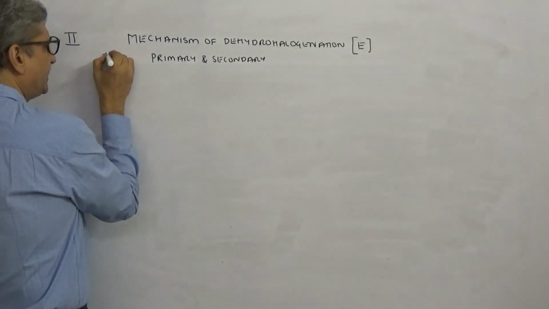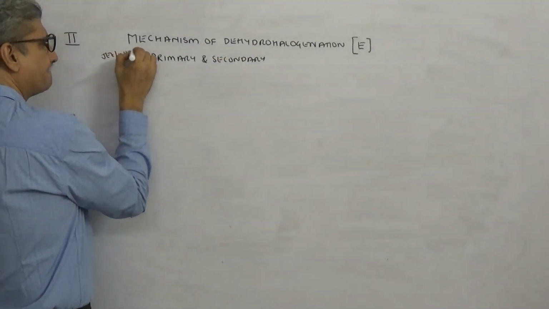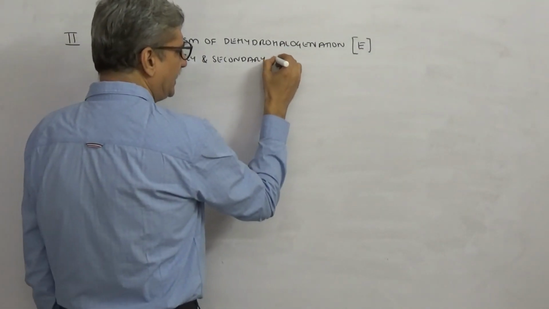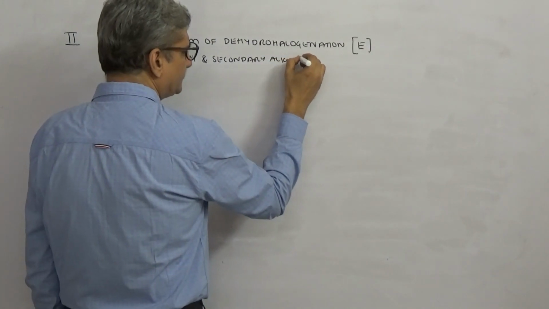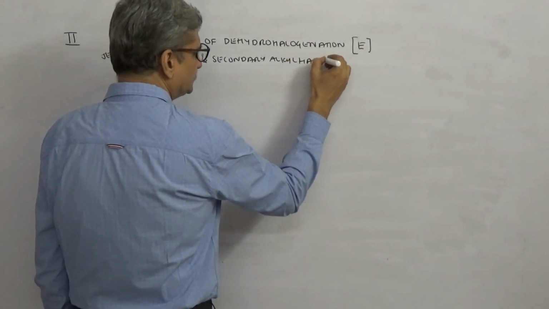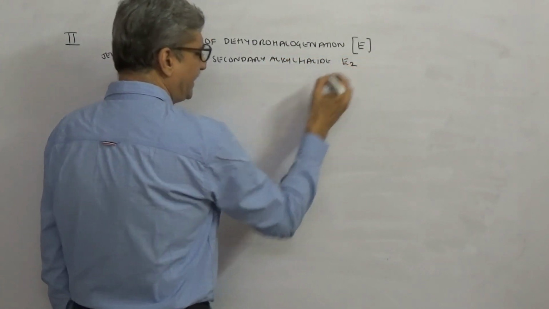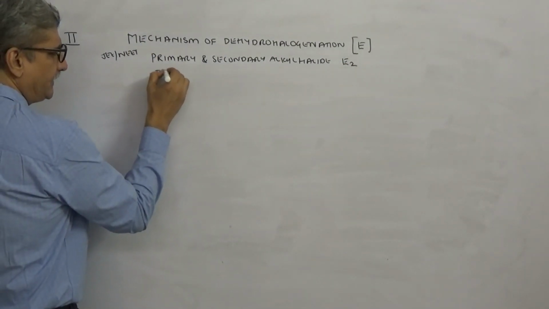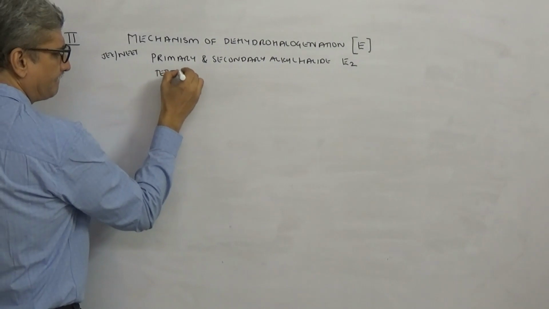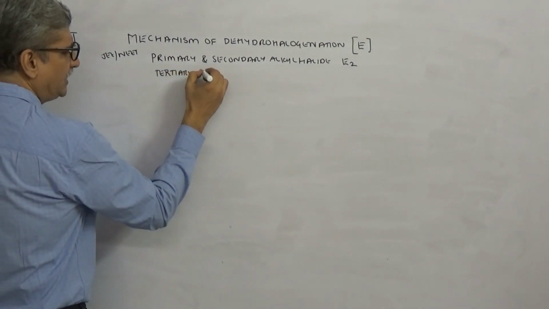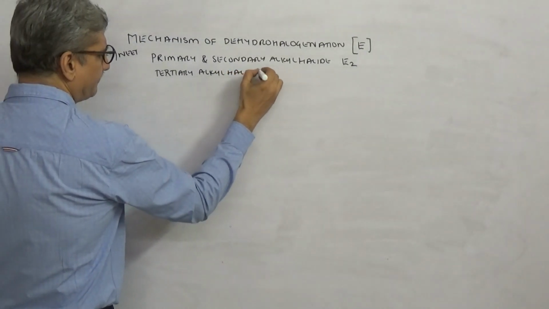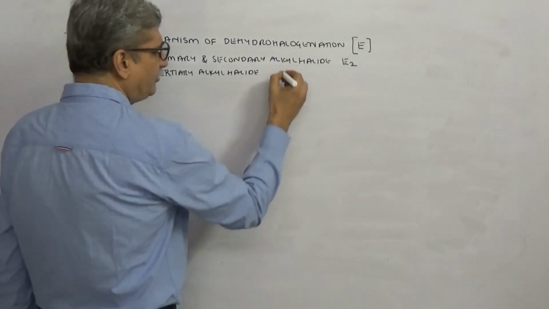So this is our material for JEE and NEET. Primary and secondary alkyl halides proceed by the E2 mechanism, whereas with tertiary alkyl halides, it will be the E1 mechanism.